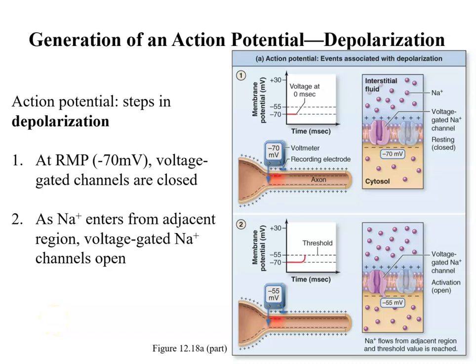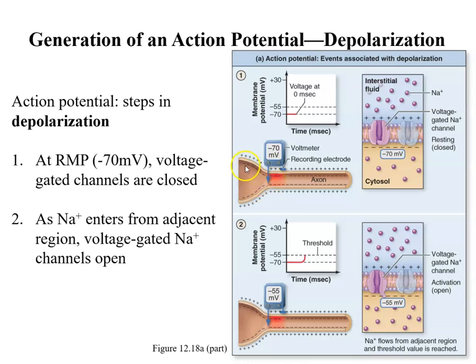Okay, so let's go through the action potential step by step. Here are the steps in depolarization. At resting membrane potential, which is about -70 millivolts, voltage-gated channels are closed. As sodium enters from an adjacent region inside the cell, these voltage-gated sodium channels are going to open.